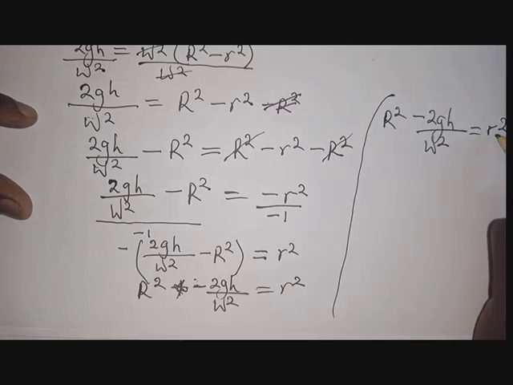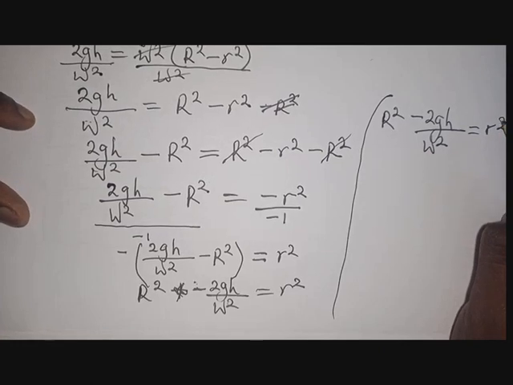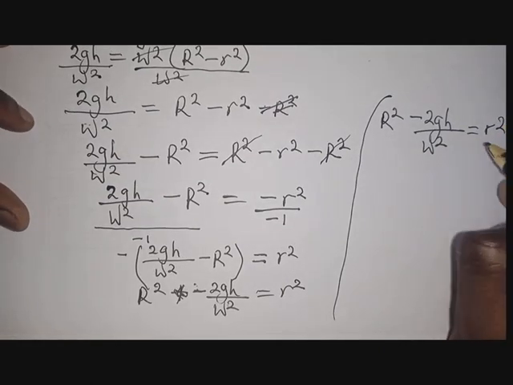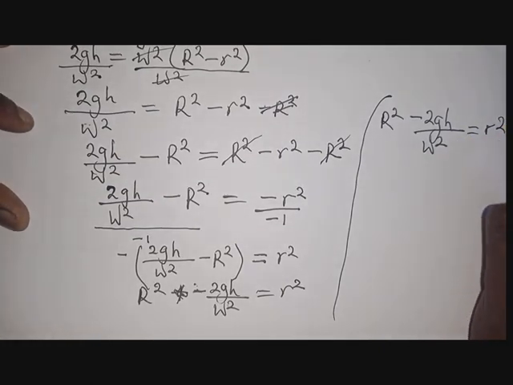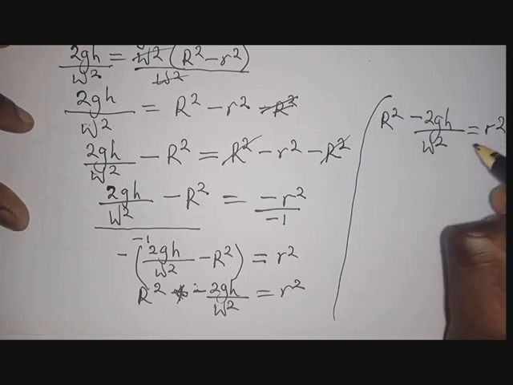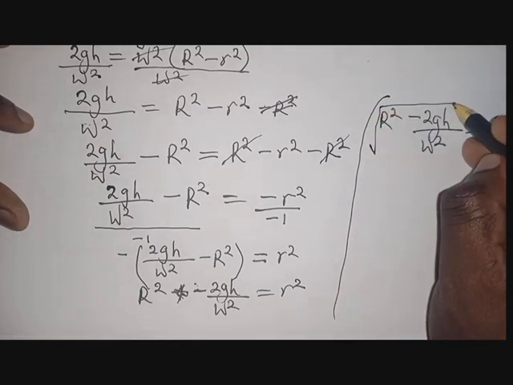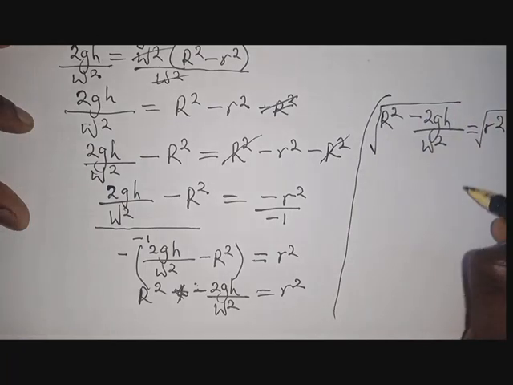So remember that what we're looking for is r and not r squared. So I'm simply going to take the square root of both sides. Then this is going to cancel this.